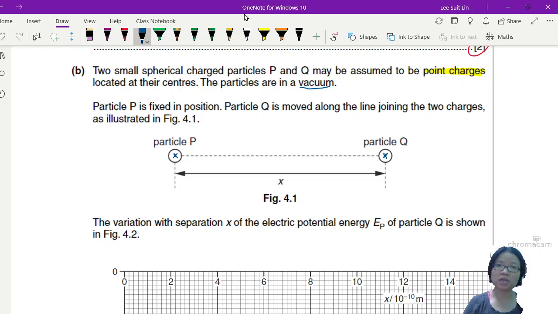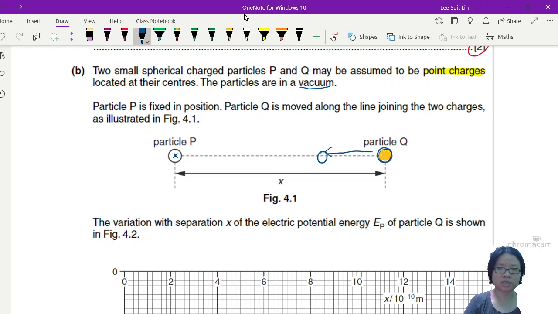Particle Q is moved along the line joining the 2 charges as illustrated in figure 4.1. So what this tells us is that this particle Q, we will drag it along the line here, from here to here.